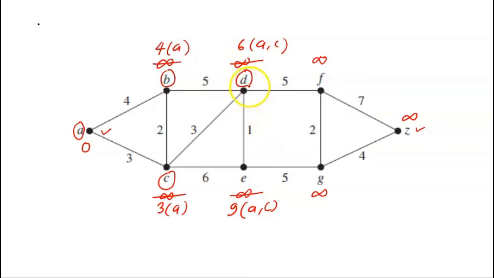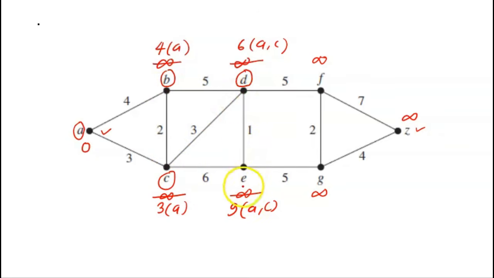Now once we have arrived at D, we repeat the process: I look at all the vertices adjacent to D. The vertices adjacent to D are E and F; C and B are already blocked.